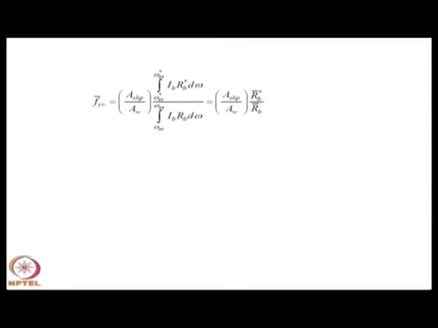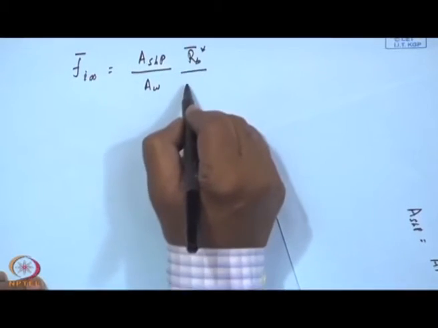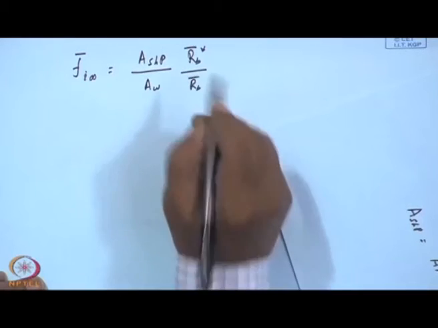So, this you can write as A shading plane by AW, RB bar star upon RB bar.